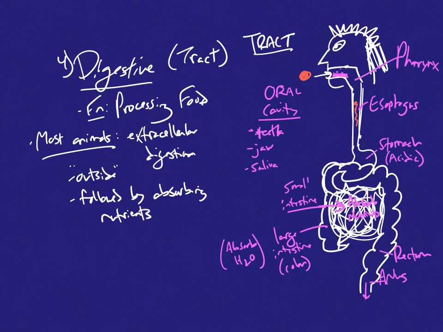One of those is the liver. Right? The liver is your largest internal organ. The liver has lots of different jobs, but one of the things that it does is create bile, which it then stores in a little pouch called your gallbladder.